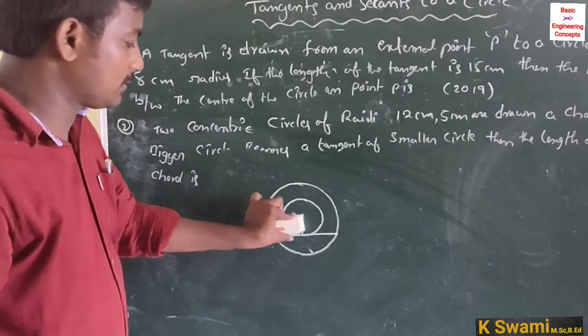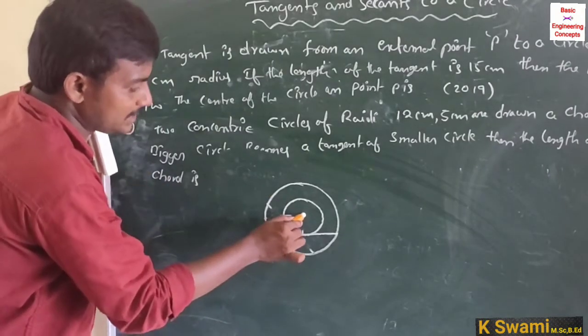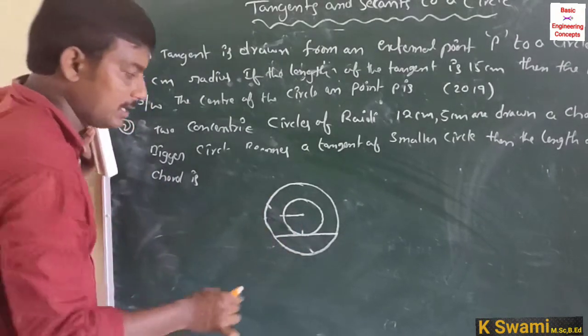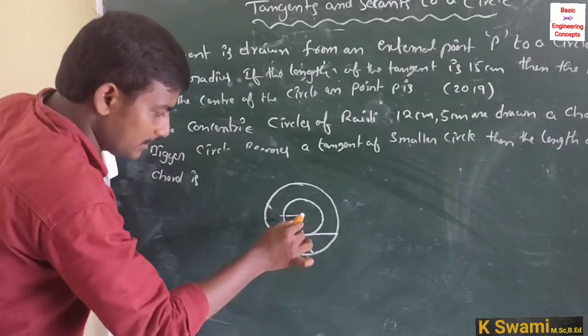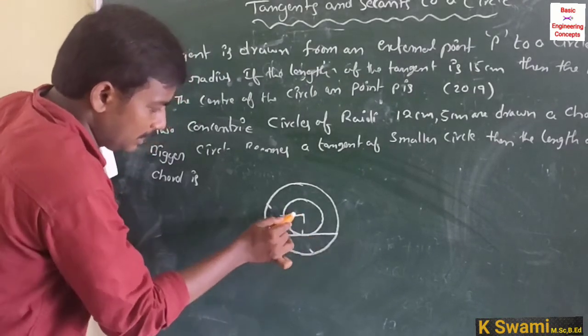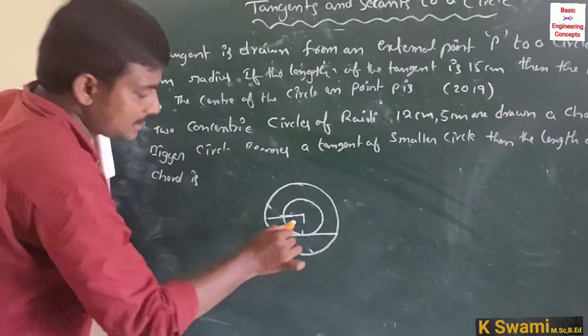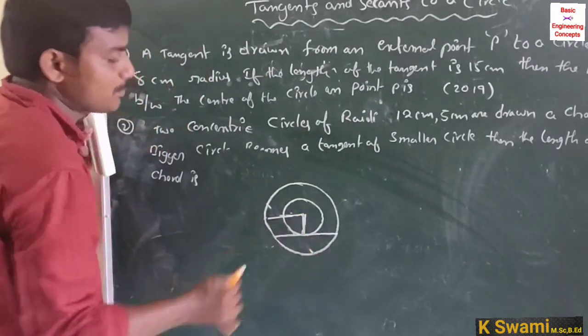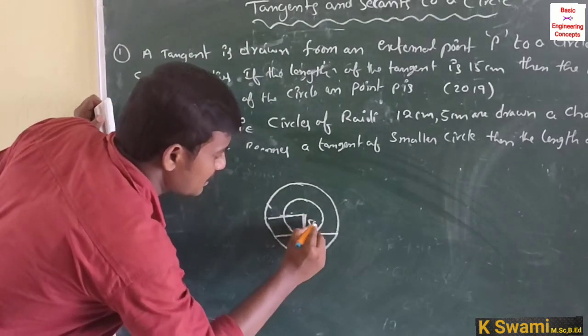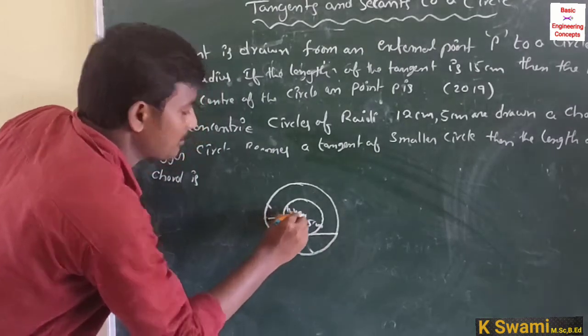We know that this is the radius of the smaller circle, and this is the radius of the bigger circle. So 5 centimeters and 12 centimeters.